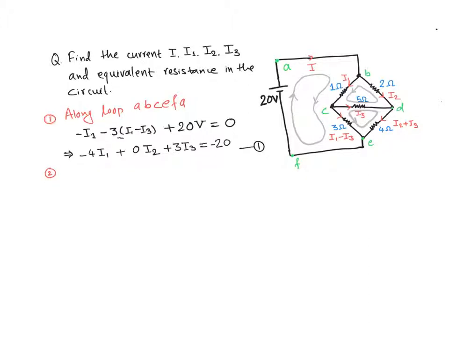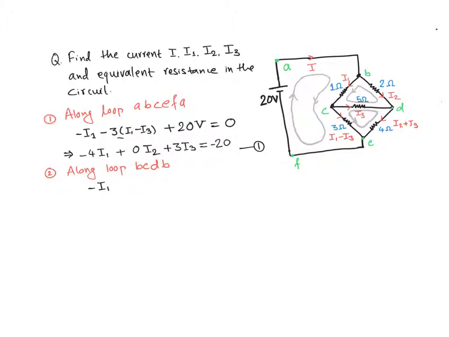The second loop we are going to use here is loop BCDB, loop B, C, D and B again. When we move from B to C, the current is I sub 1, the resistance is 1 ohm, so negative I sub 1.